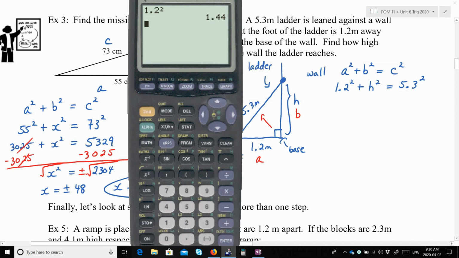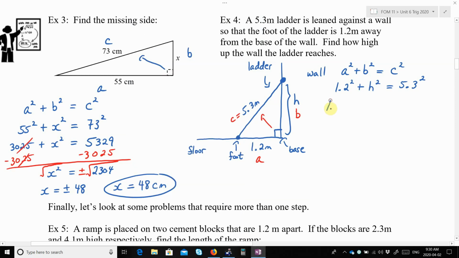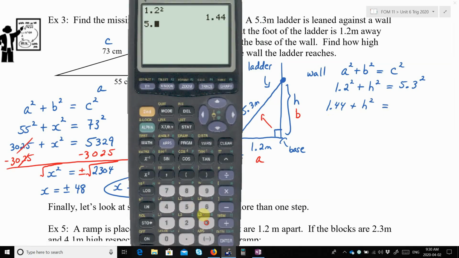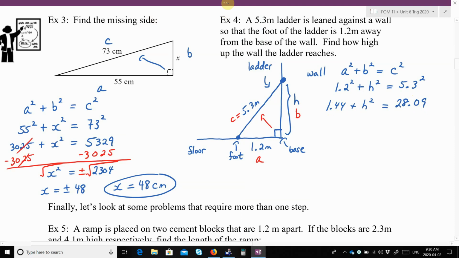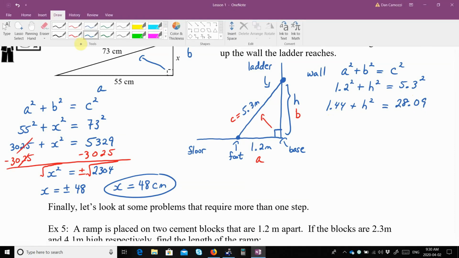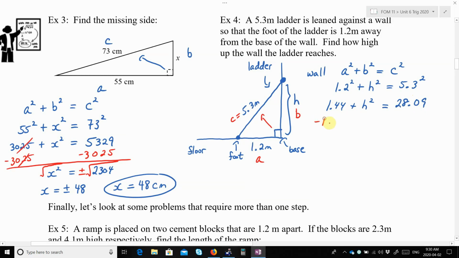1.2 squared is 1.44 plus h squared equals 5.3 squared, which is 28.09. And we have to get h by itself. So I have to subtract 1.44 from both sides.